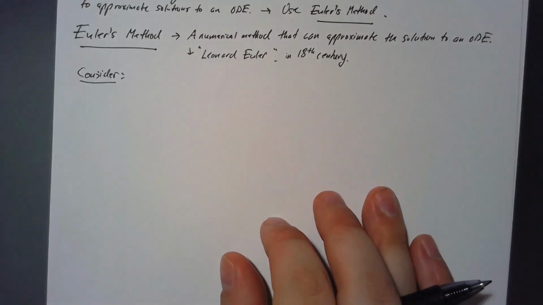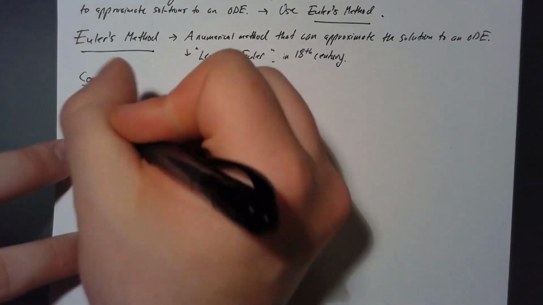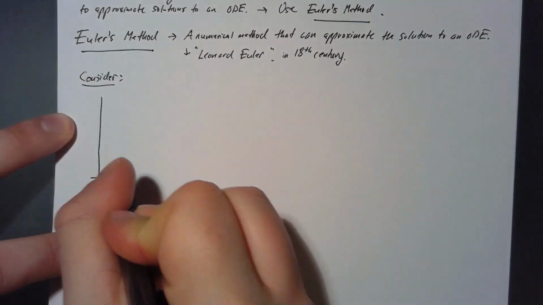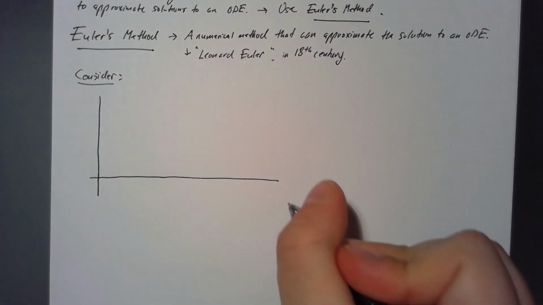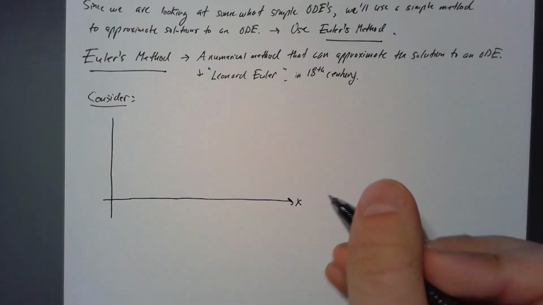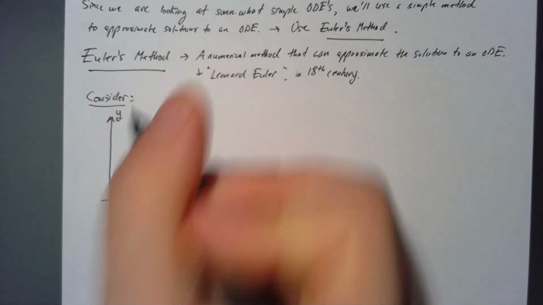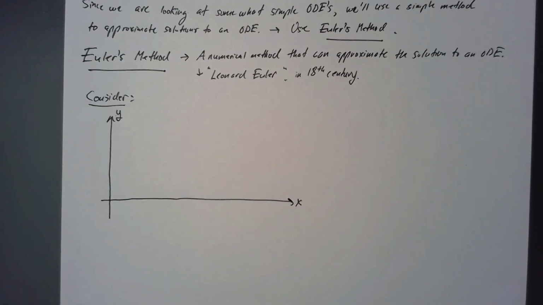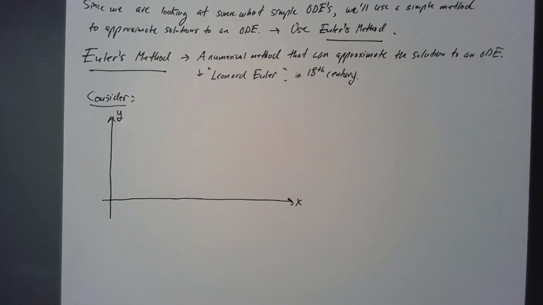Let's say I have a graph. This is X. This is Y. Right? And let's say I have a solution curve. So let me use my markers here.